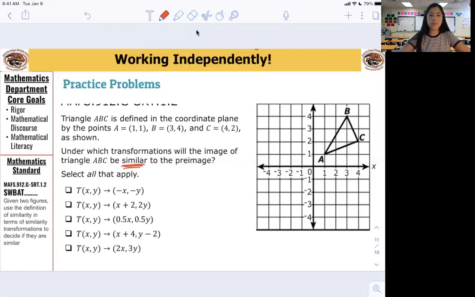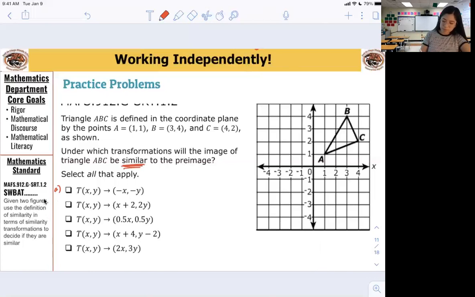So which of those is going to give us a similar figure? Same idea, I'll put up a poll. Give me 1 second. Okay, go ahead and make your choices.